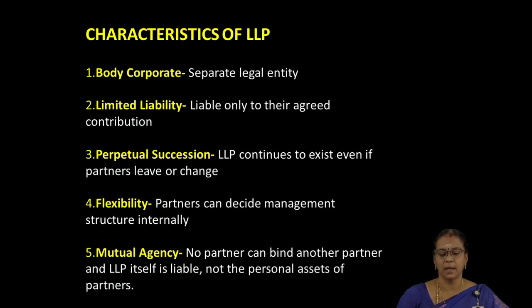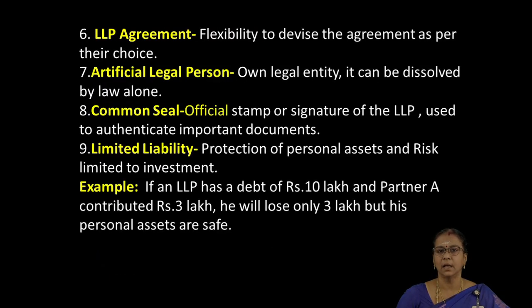The next one is mutual agency. No partner can bind another partner, and the LLP itself is liable, not the personal assets of the partners. For example, if the partners invest 10 lakh in their business and the loss is up to 5 lakh, they are responsible only for that amount, but their personal property is safe.